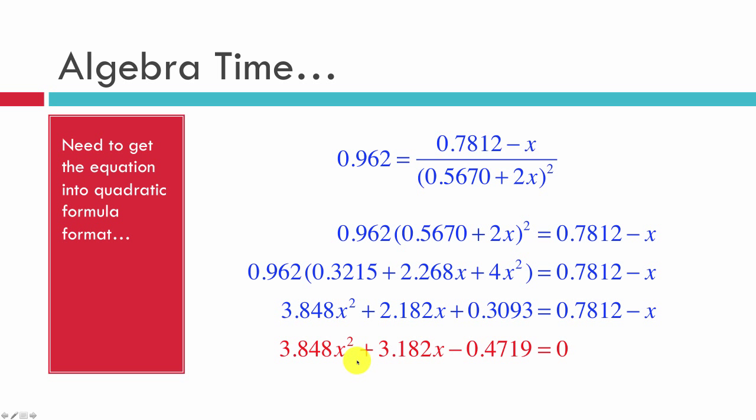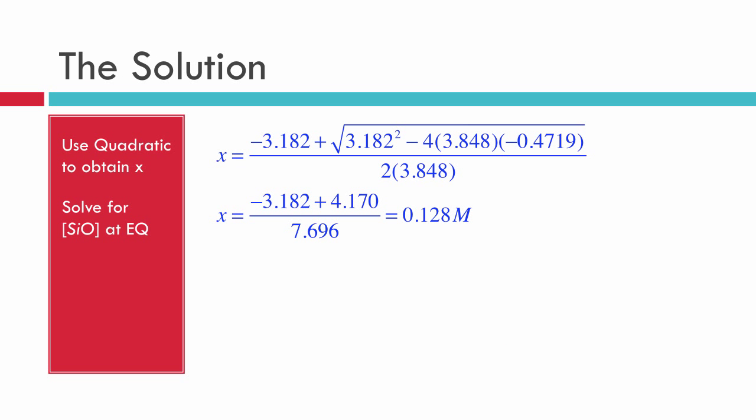I rearrange and solve, and I get here in red a quadratic equation, which is in the characteristic form of a times x squared plus b times x plus c. Notice in this case, c is a negative number. So if we want to solve the quadratic equation, it's always x equals minus b plus or minus the square root of b squared minus 4ac, divided by 2a.